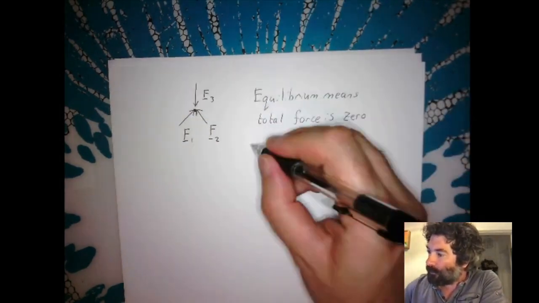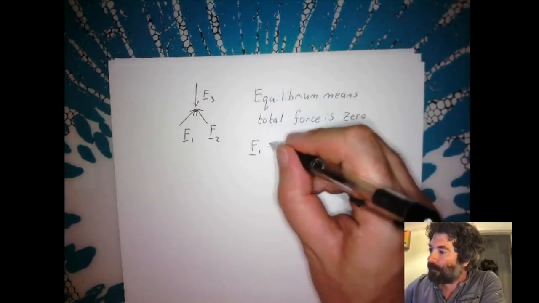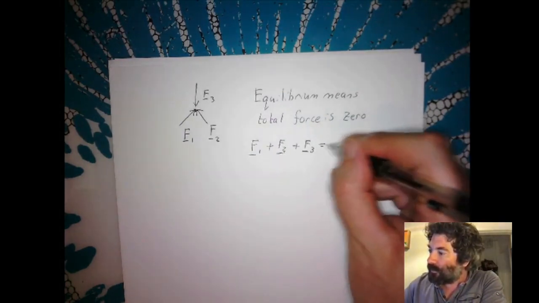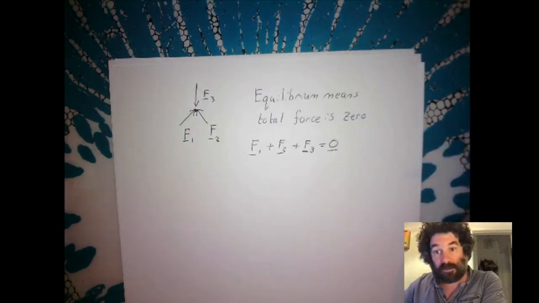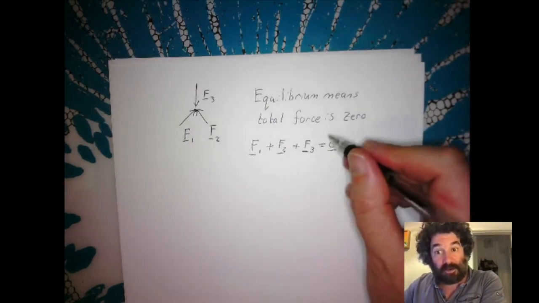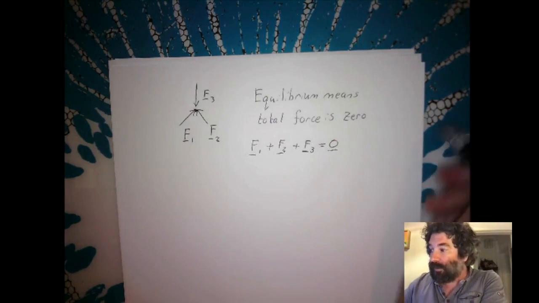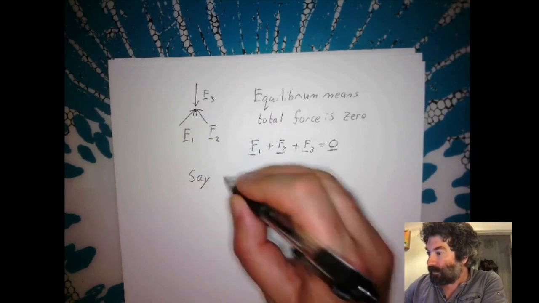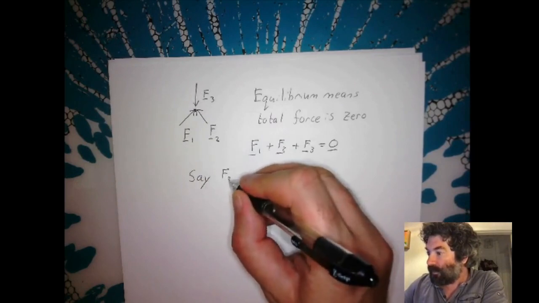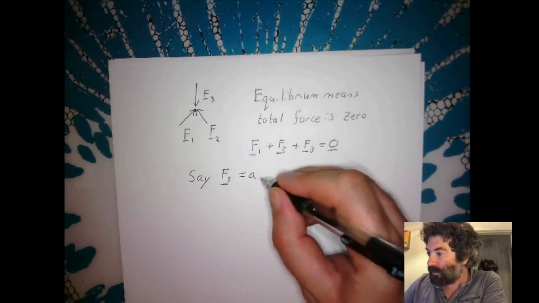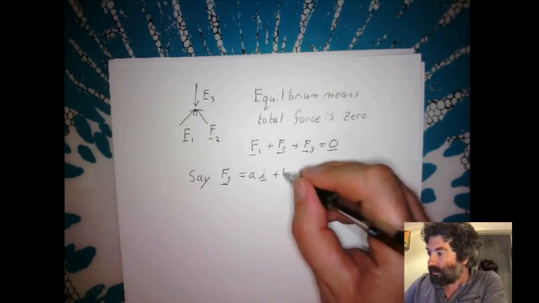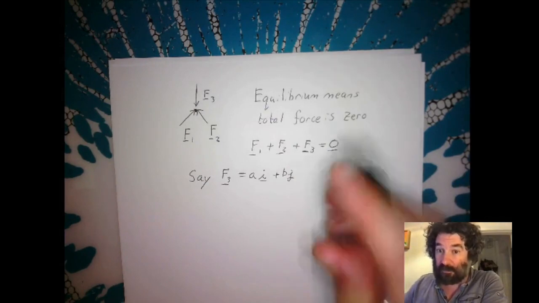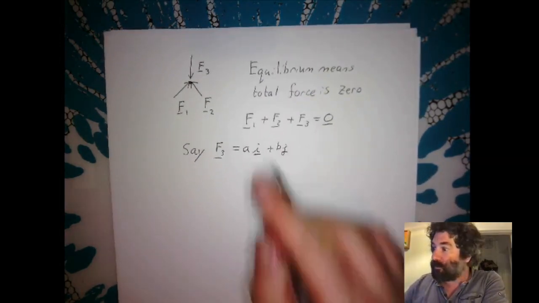So what we need is that vector F1 plus vector F2 plus vector F3 equals the 0 vector, a vector that has all components 0. So let's say that F3 is equal to A times I plus B times J. So the X component is A and the Y component is B. Then let's write this out.